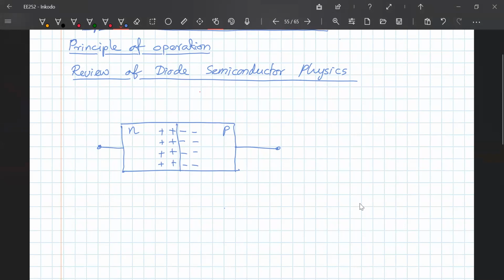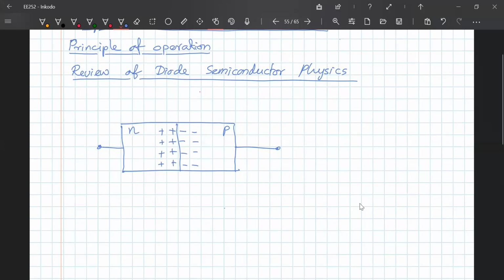Okay, so this layer, once these electrons move about, will have no charge carriers, because the charge carriers are the free electrons. Now they jump to the other side and form this negative charge layer, and there are no free electrons or holes in that small region, which we call the depletion layer.